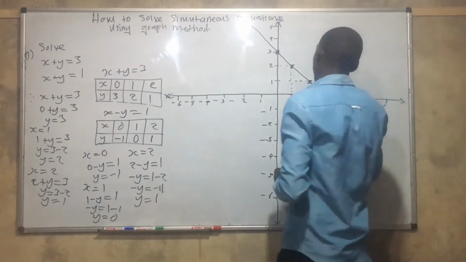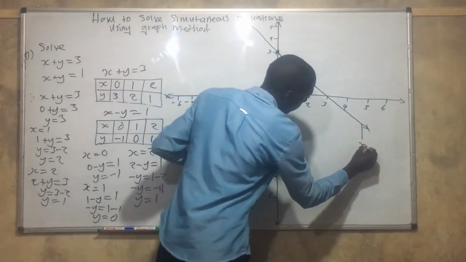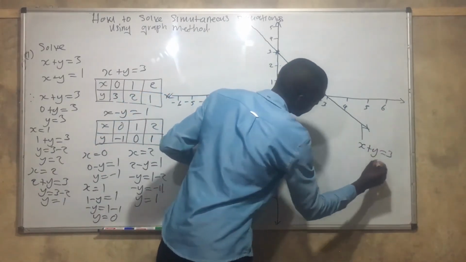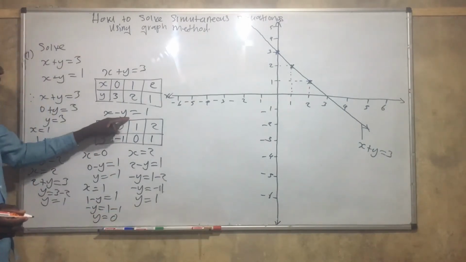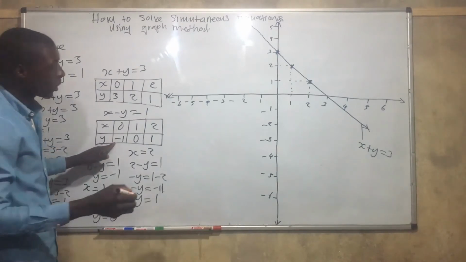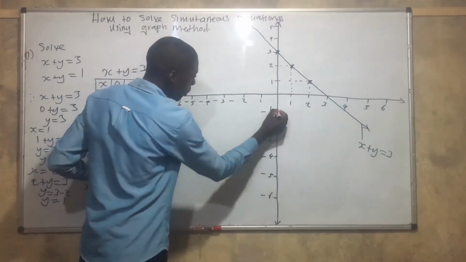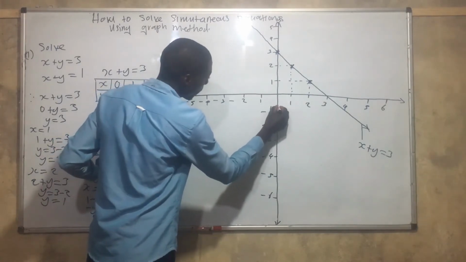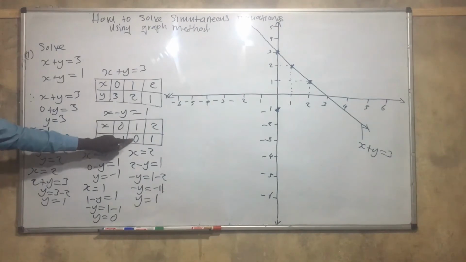Okay, so this line is x plus y is equal to 3. We can also plot now x minus y is equal to 1. So the coordinates that we have are 0, -1. So 0 is here, then -1, so it will be there. Then we have 1, 0.